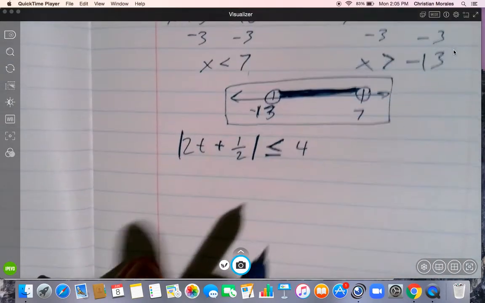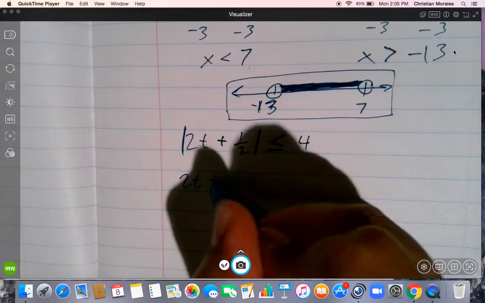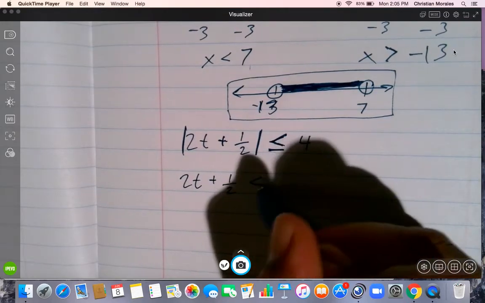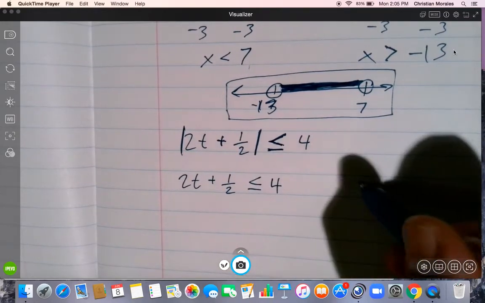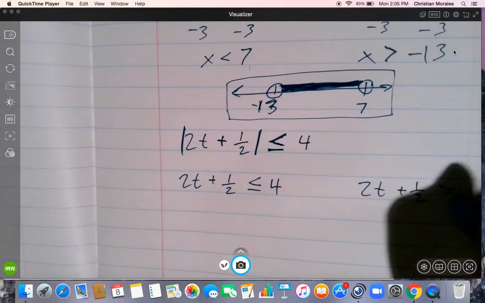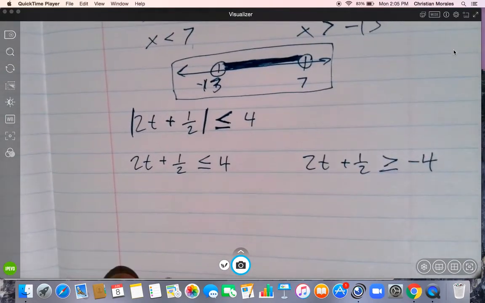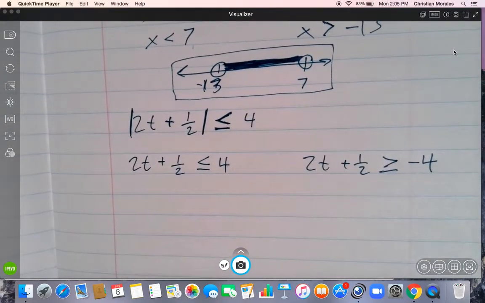Okay, last one here. Same deal. You have to solve for it for two circumstances. Either it's a +4 or it's a -4, in which case you flip the inequality. You flip it like that. Okay, and then we have to solve for both of them.